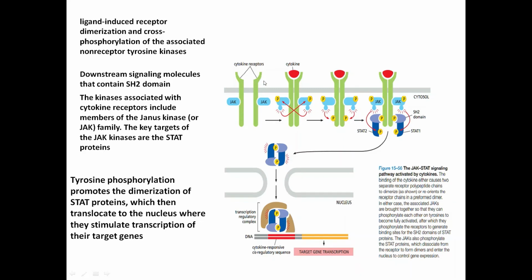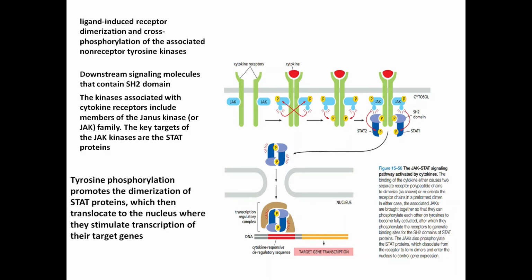And after the receptor is bound to the signal, which is the cytokine here, there will be cross phosphorylation of the receptor, creating phosphotyrosine site, and this phosphorylation is done by non-receptor tyrosine kinase protein, which is non-covalently bound to the receptor. After phosphotyrosine domain is generated on the receptor, first member to bind is JAK protein.